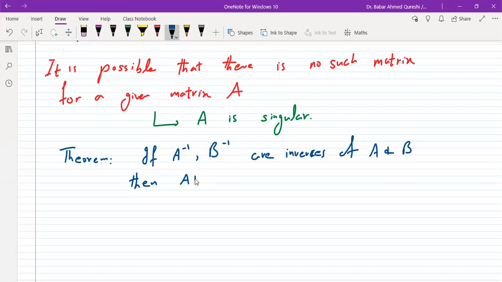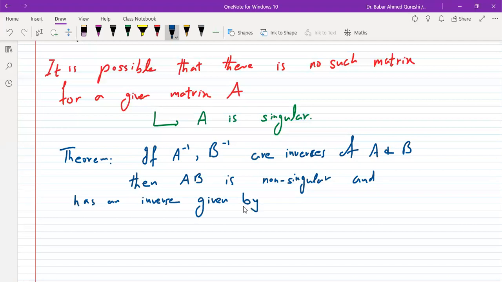Then A times B is non-singular. Then the product is also non-singular and has an inverse given by B inverse A inverse. So you can compute the inverse. It's just constructed out of the inverses of A and B multiplied in the opposite order.